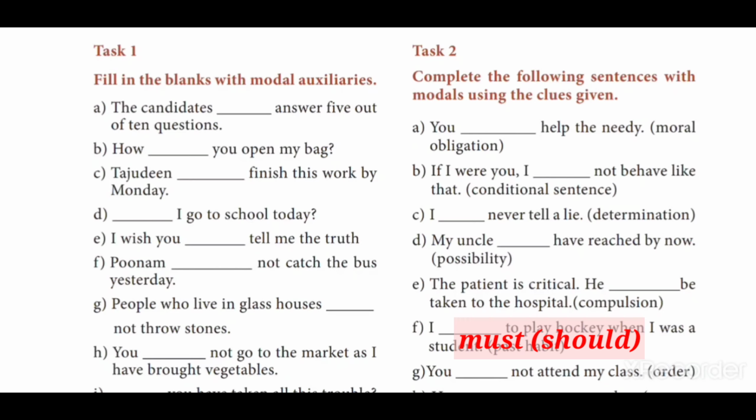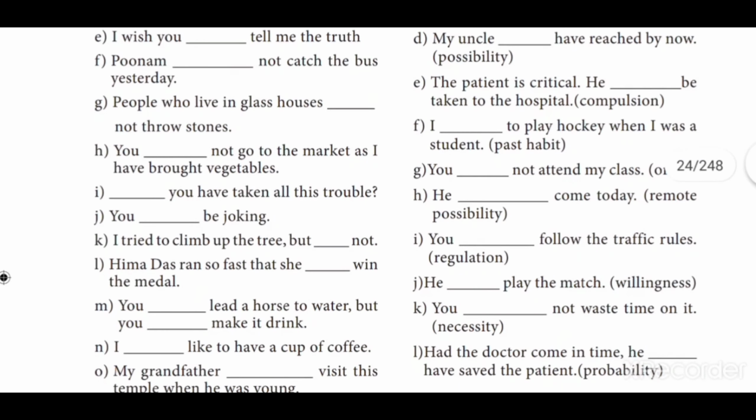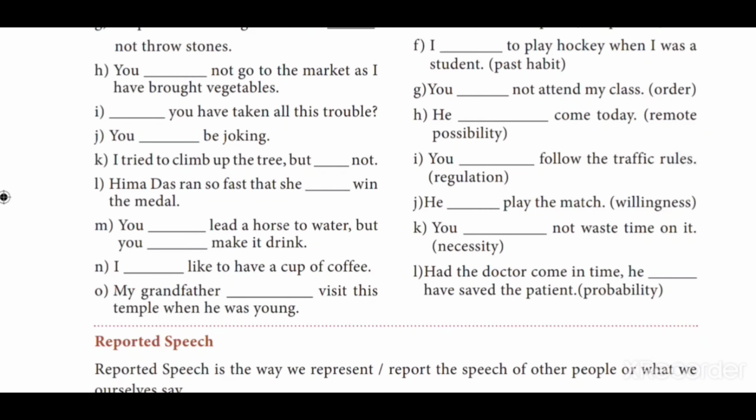You can even use should in place of or instead of must. We come to H. He dash come today. The clue is remote possibility that is given within the brackets. Since it is a remote possibility, the answer is might.